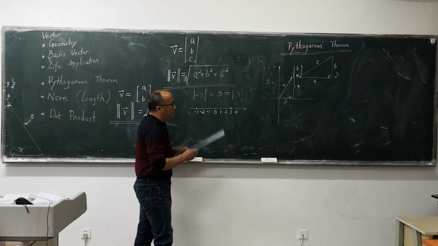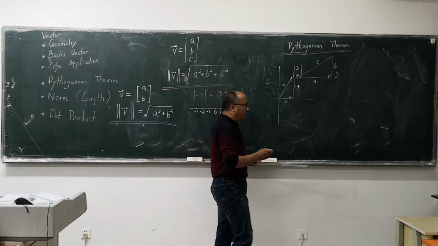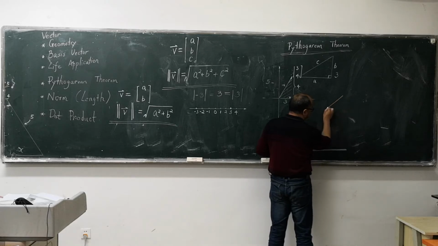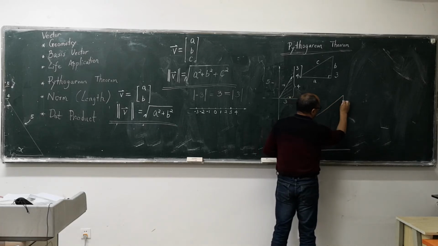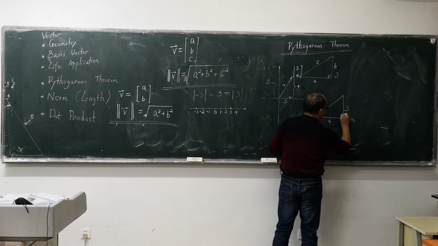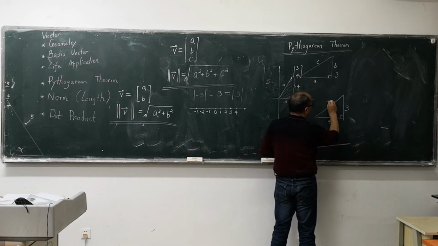That Pythagorean question, let me bring that up again. If this is 4, 3, okay, this is what? 5.